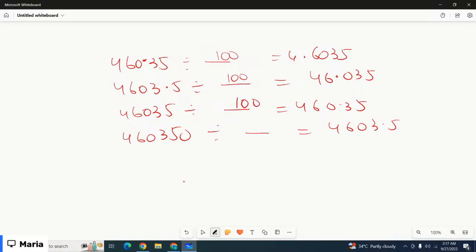Yes, again 100. So for all of them it is 100, right? Basically this is the pattern, you just have to calculate the missing values. Okay, we'll do practice questions for this lesson later today. Let's see the next lesson.